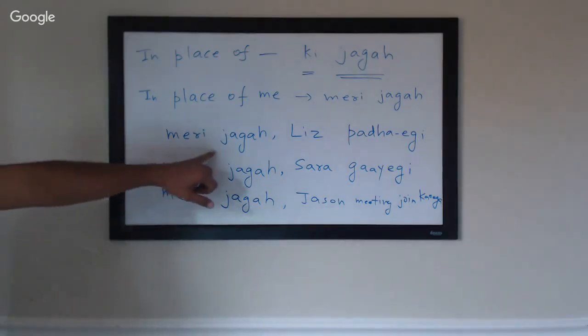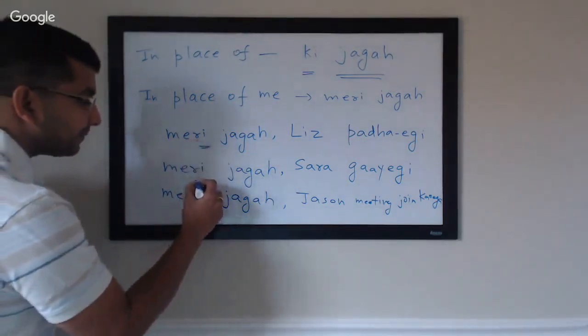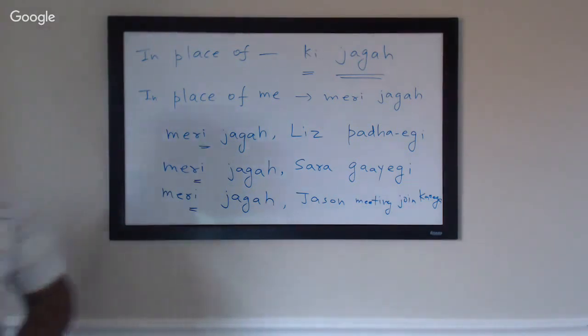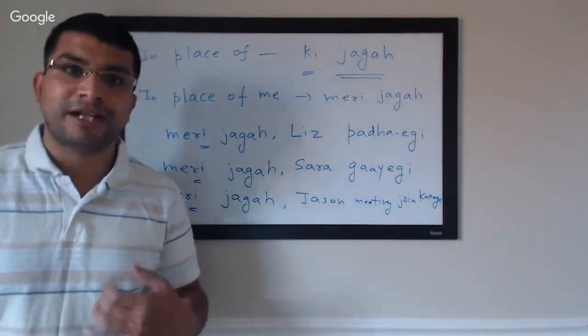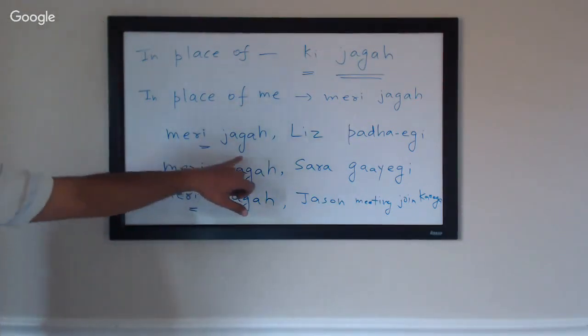So the question is, where is की? Okay, so it's basically embedded in मेरी. Remember, when you say मेरी, there is no की in there, right? It's basically मैं, which is I, and with मैं you are saying की or. That means मेरी. Similarly, same thing here, right? मेरी जगह.